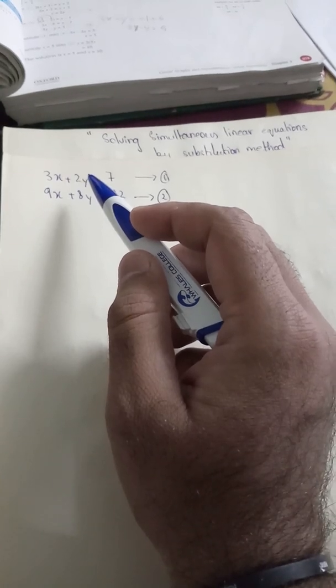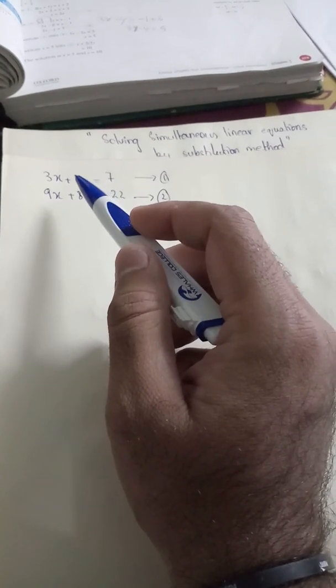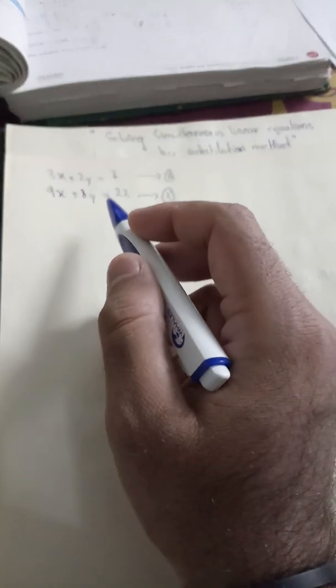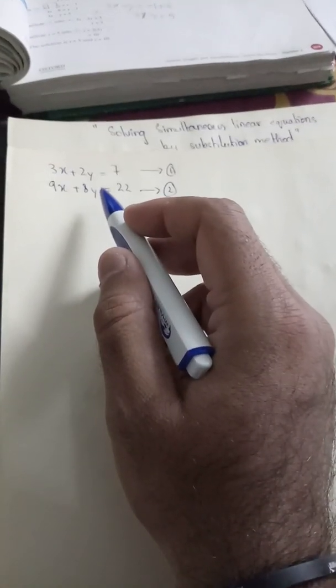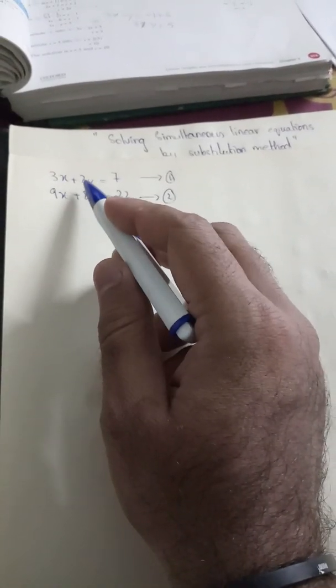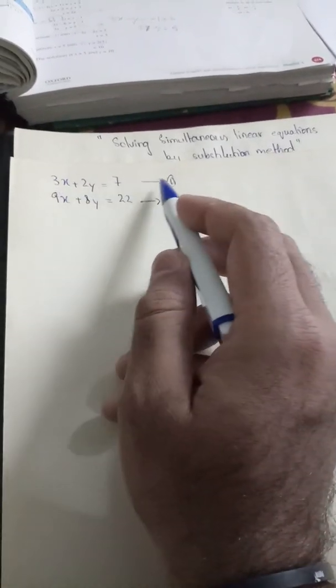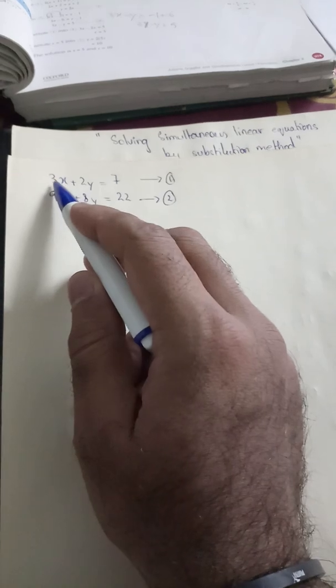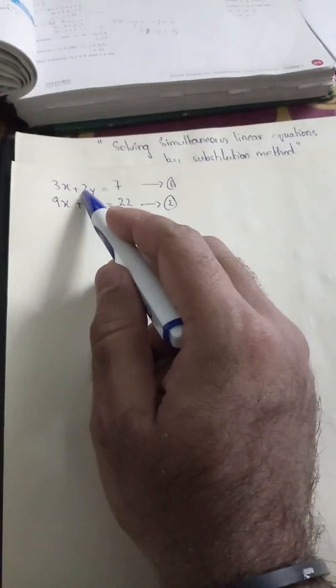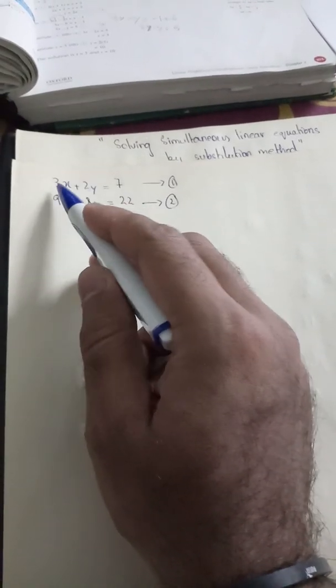So there is another trick. Yes, there is another trick. What is that trick? The trick is very simple. Just pick the equation whose coefficient value is less. We will be going with equation number 1 since it has 3 and 2 as coefficients, and 2 is the least among these three numbers.